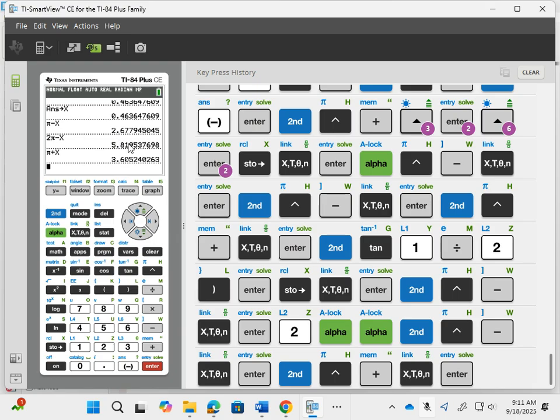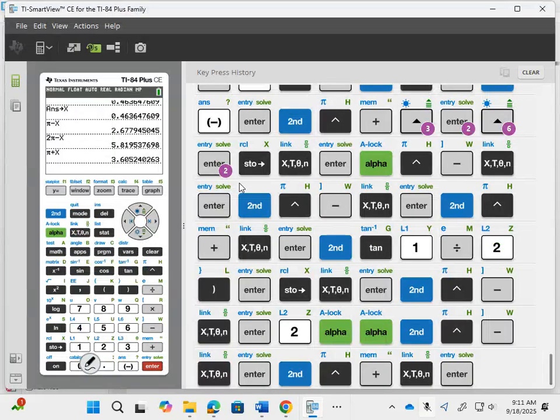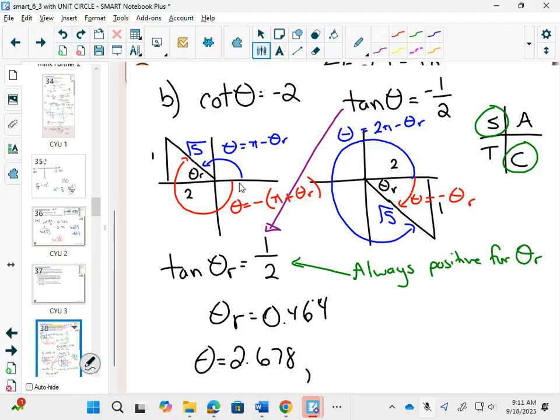I've got 2.6778. Oh my goodness. In quadrant 4, I had 5.81 or 5.820.